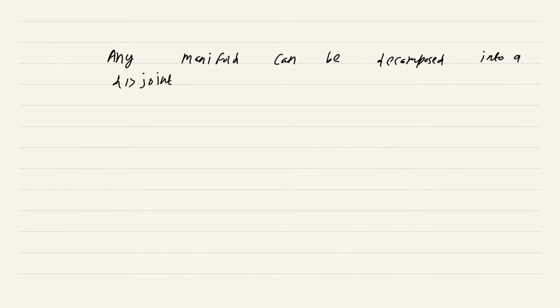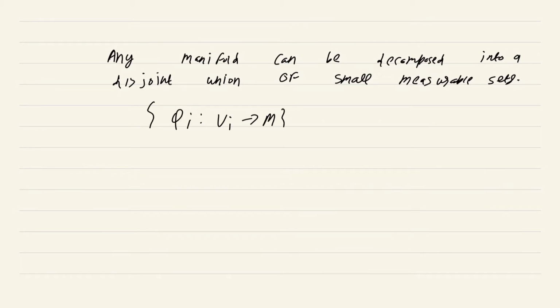So the claim is that any manifold can be decomposed into a disjoint union of small measurable sets. And this is not so hard to show. Just consider phi i from Ui to M, an orientation cover.